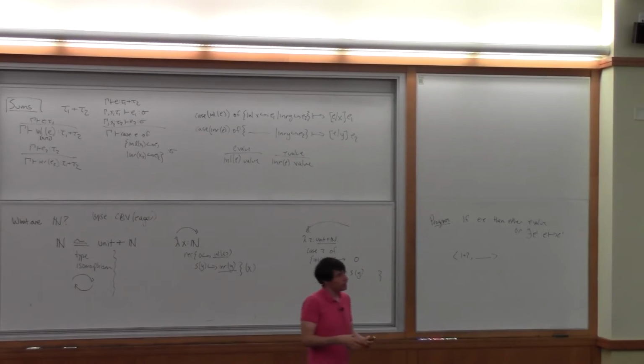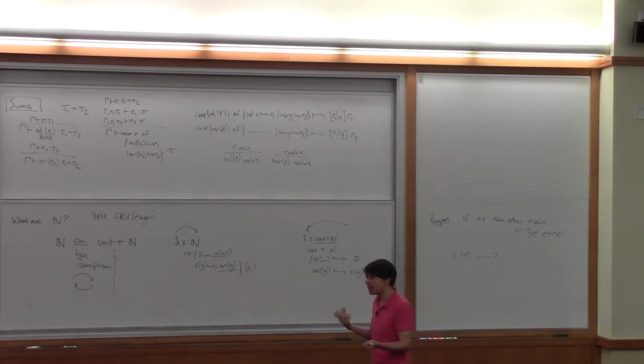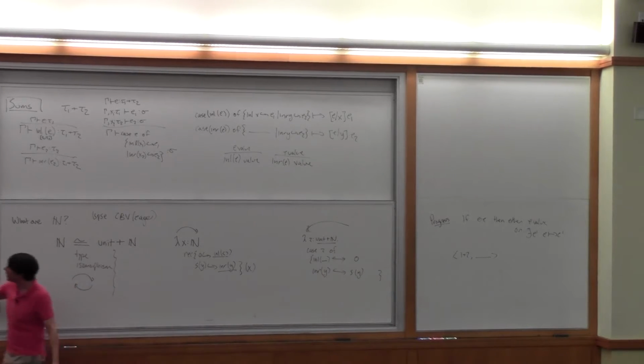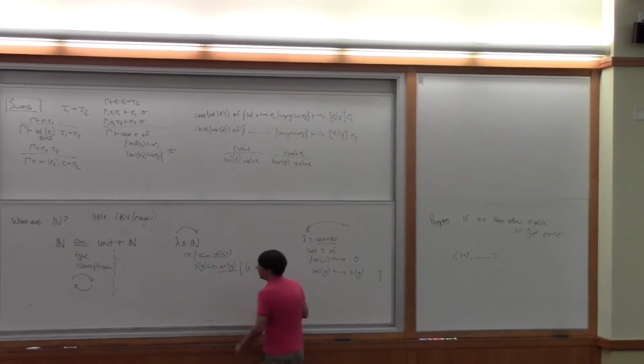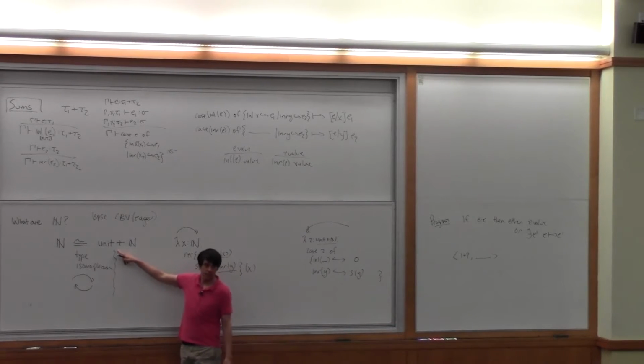Well, for all observations that you can ever make about the empty tuple, those behave the same. Right? If you can't do anything with a type, then observational equivalence should equate everything. Okay. Good on N being that thing, or at least good on N having that property.